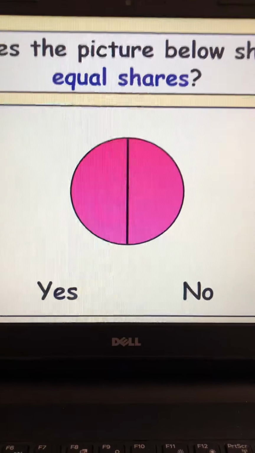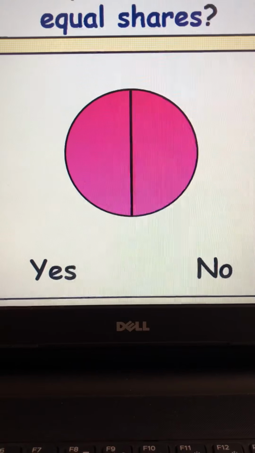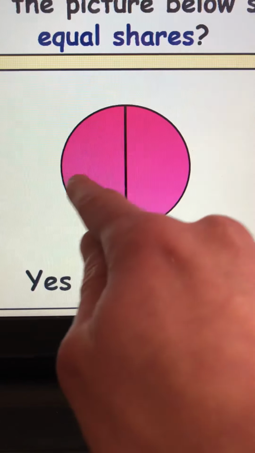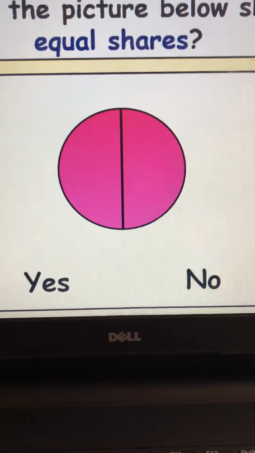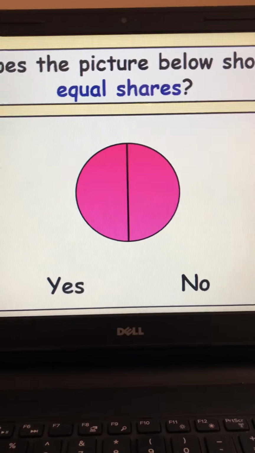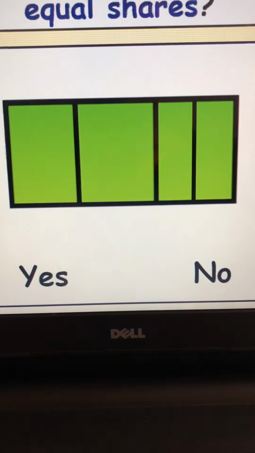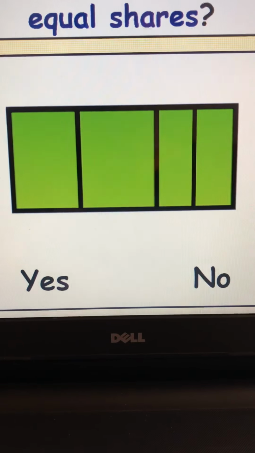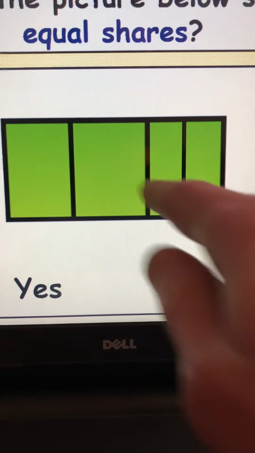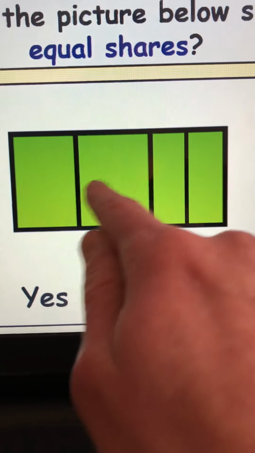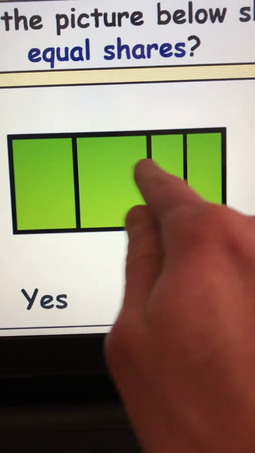How about this circle? Yes, these 2 are the same. They're both the same size, 2 equal shares. Is this equal shares? Obviously it's not. If this was a candy bar and you got this big piece, you'd be pretty happy.